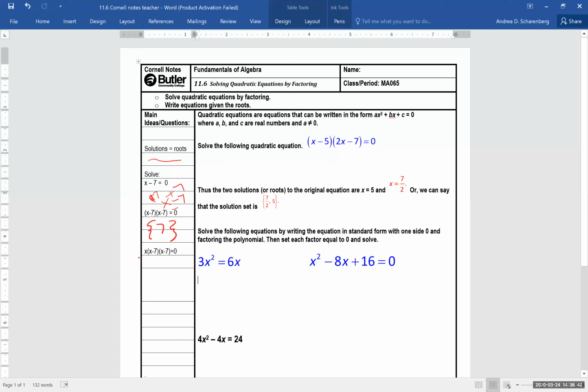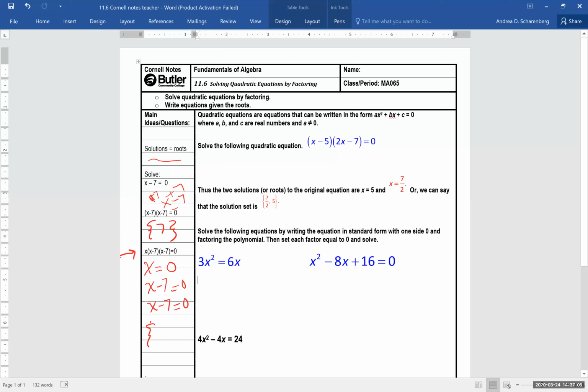Now, look at this next one. We have x minus 7, and 0. So you'll understand this more in a minute, but we're going to set each one to 0. So we have x equals 0, x minus 7 equals 0, and x minus 7 equals 0.